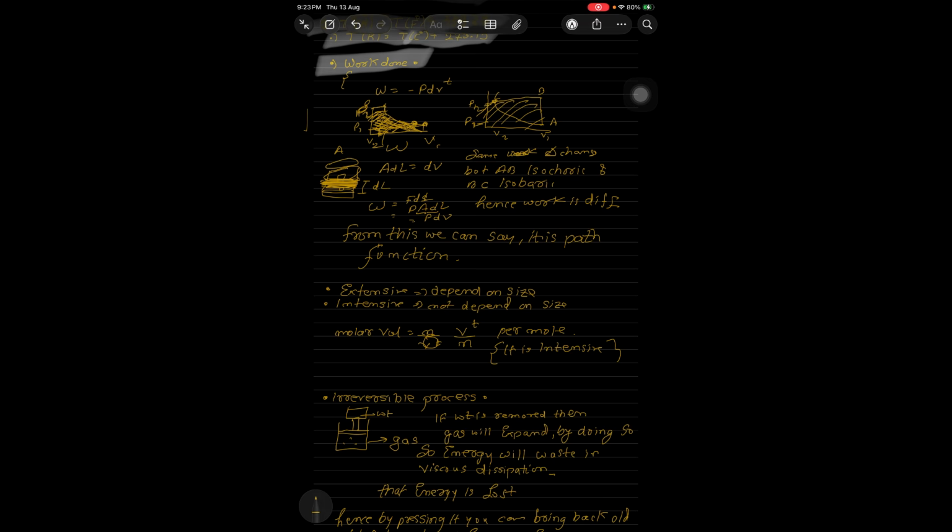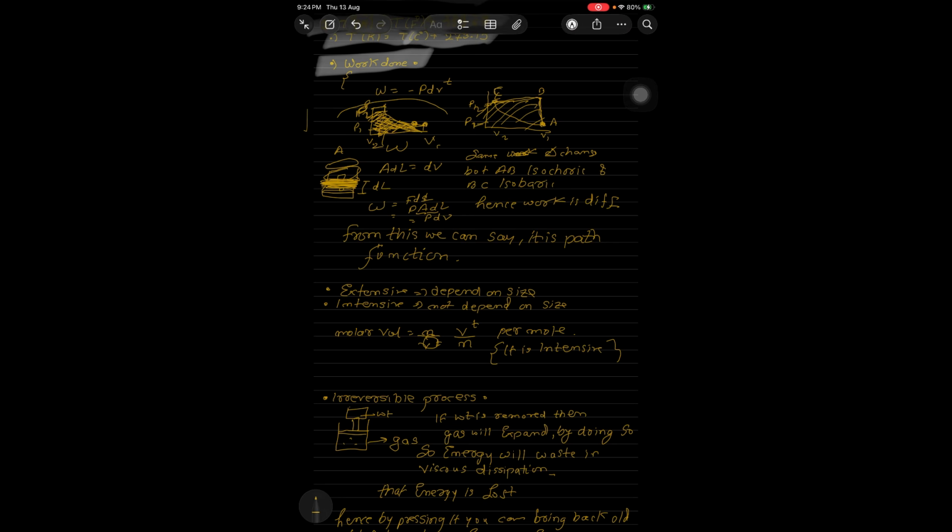But if I go from point A to point B in an isochoric way, and from point B to point C in an isobaric way, then also the initial volume and the final volume, and the initial pressure and the final pressure, are the same.